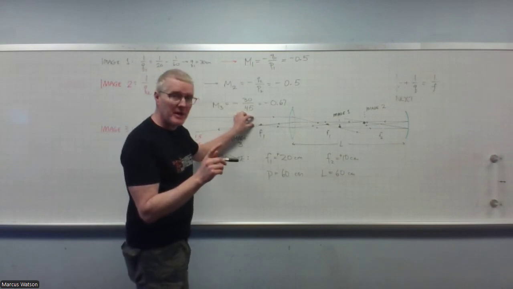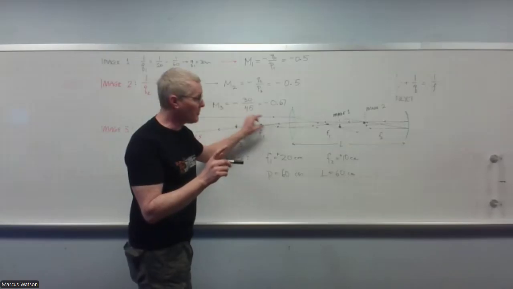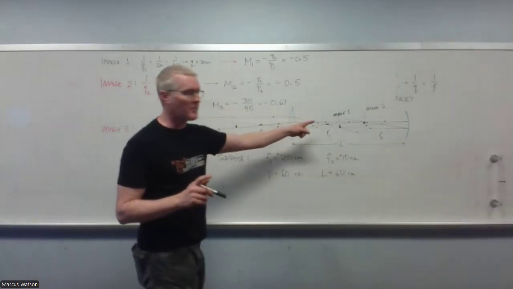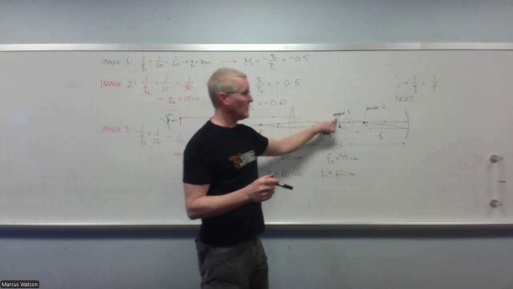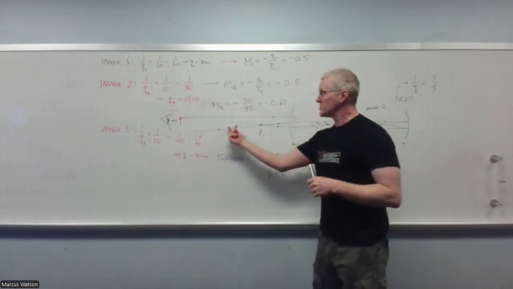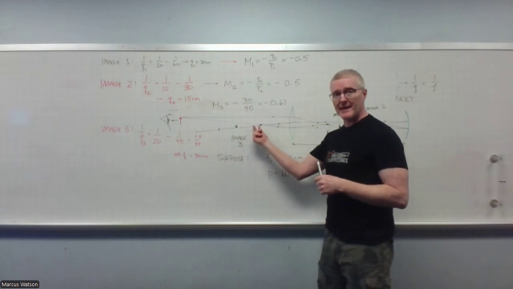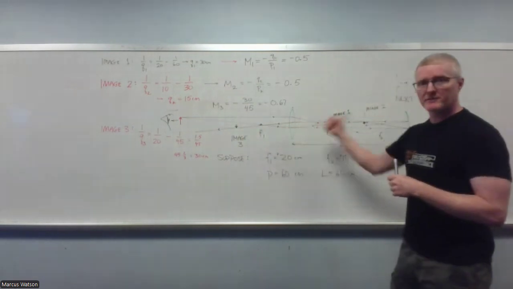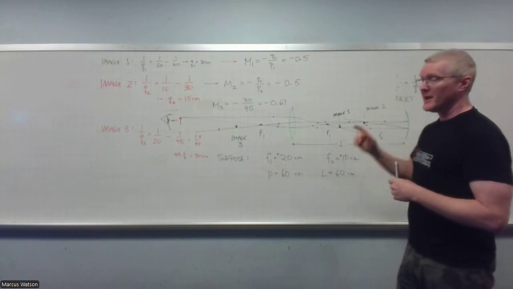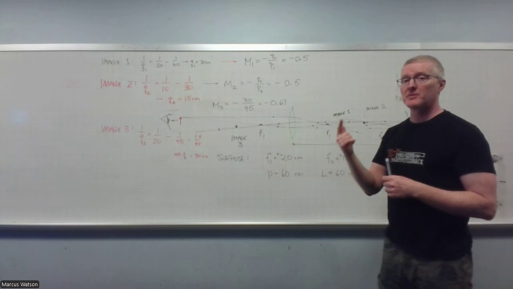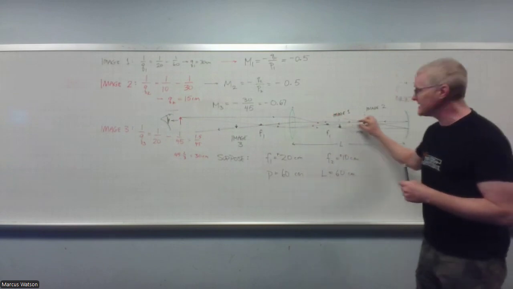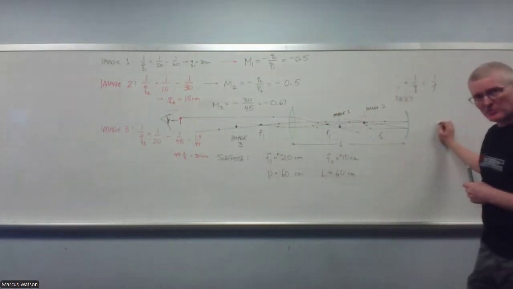If I'm scooting the object closer and closer to the focal point, what's happening to this image number one relative to the mirror? Well, as the object gets closer and closer to the focal point of the lens, then the image should be going further and further. I can make the image number one be so far from the lens that it's already past the mirror.